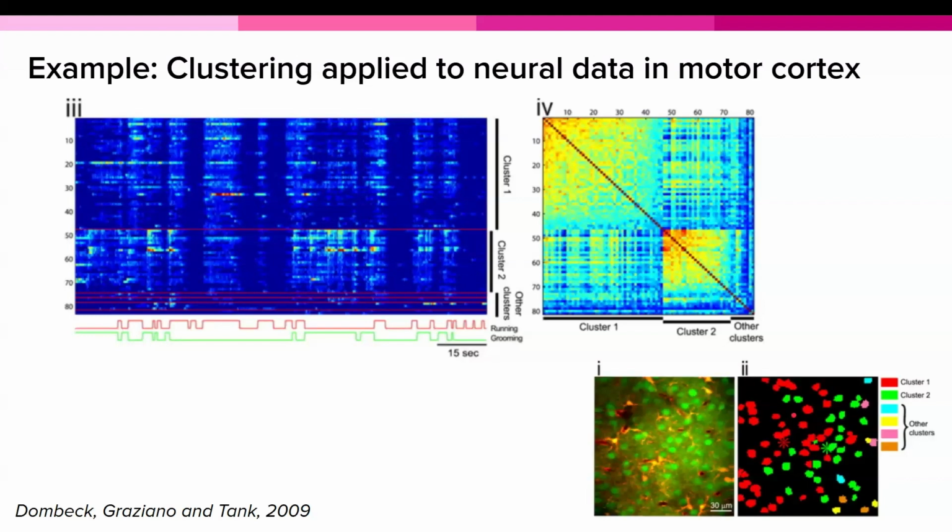And what's fascinating is that the neurons in these 2 clusters occupy different spatial regions within the motor cortex. So this suggests that, at least in this region of the brain, there seems to be a spatial organization that reflects the functional roles of neurons, specifically related to the animal's behavior.